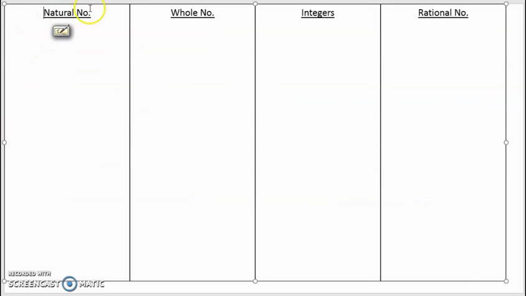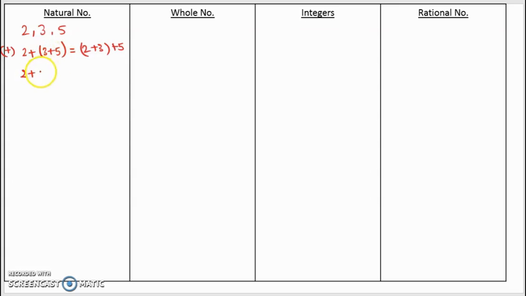So natural numbers, we have assumed 2, 3 and 5. First for addition, let us check: 2 plus (3 plus 5) should be equal to (2 plus 3) plus 5. So 3 plus 5 is 8.